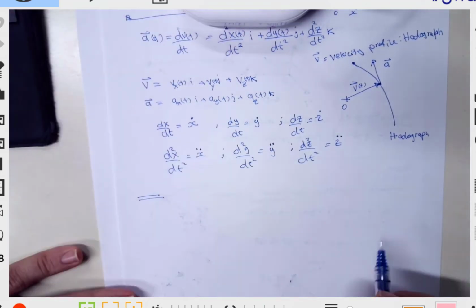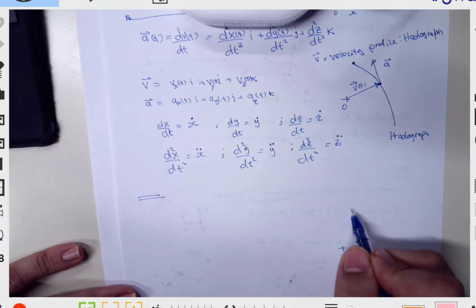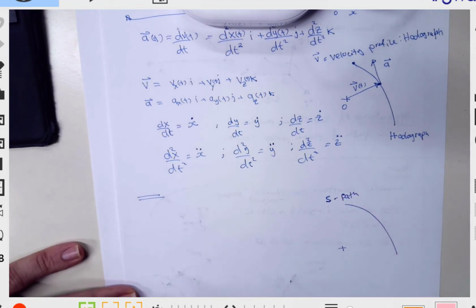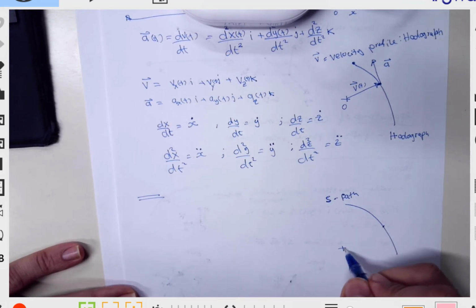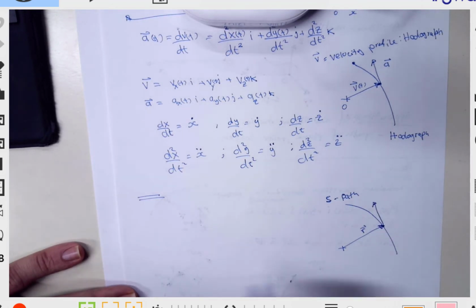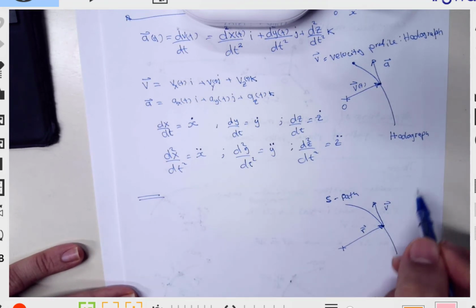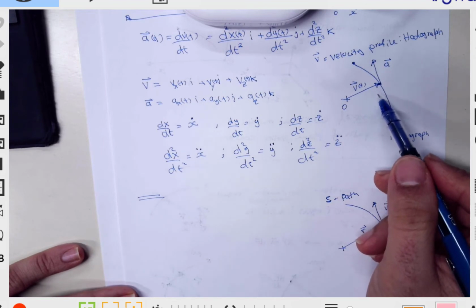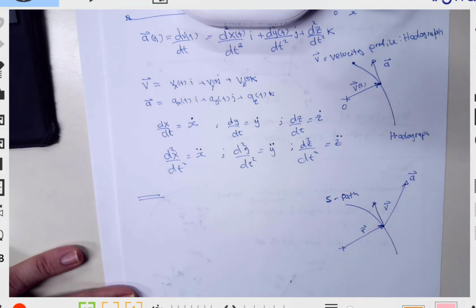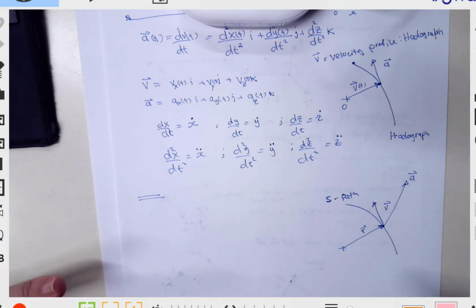If I have a particle whose path, the s path or the position path, is known, this is the r vector, we know that the velocity is always tangent, but not necessarily the acceleration. Acceleration, yes, is tangent, but it's tangent to the hodograph or velocity profile. So this could be general, could be like that, the acceleration, not necessarily tangent. There are special cases when it's tangent that we will discuss later, but this is general.